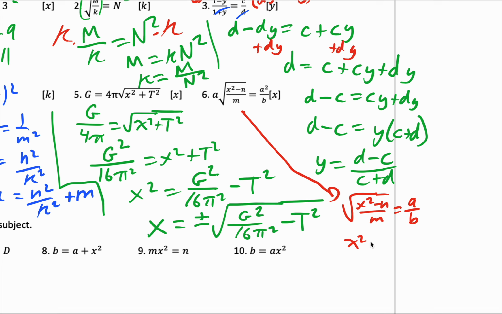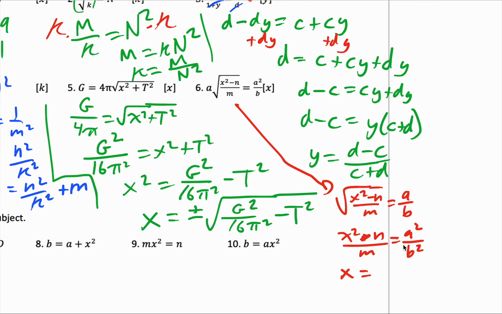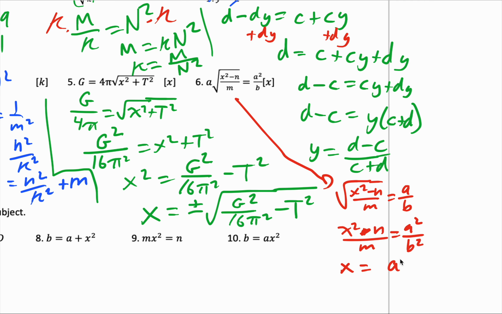Then we square both sides. Okay, then we multiply by m and then add n and then square root it. It's going to do that in one step. Multiply by m, add the n, and then square root.